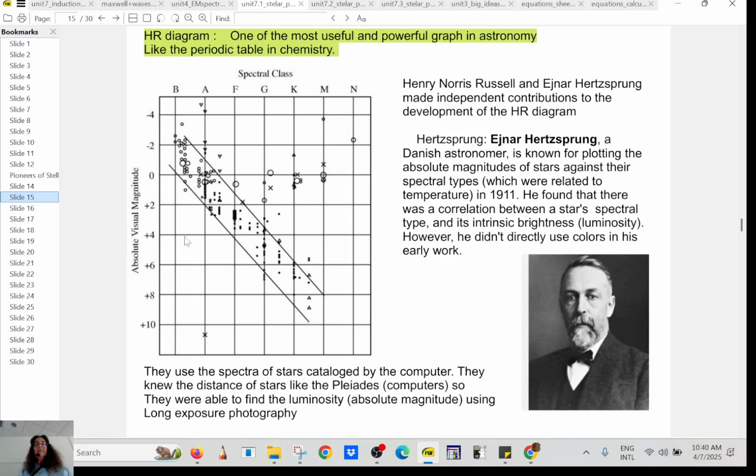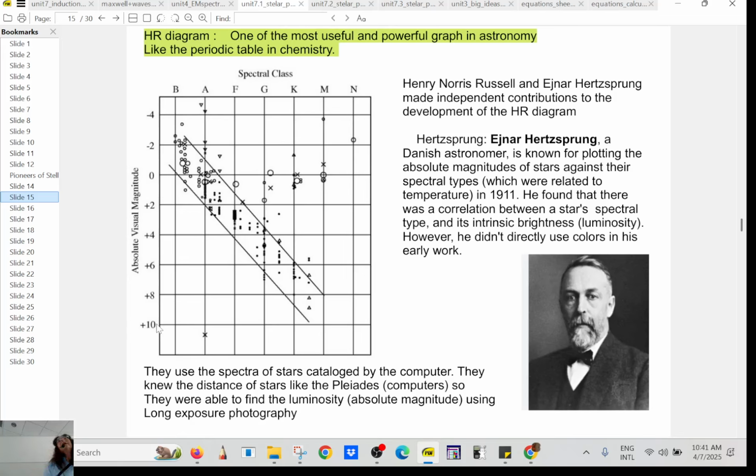And when they are dead, a sun-like star will become a white dwarf and end up here. Anyway, the thing you have to understand is that on the HR diagram, on the x-axis, you have the spectral class. So these are big, hot stars. Over there, you have cool, red stars. And on the y-axis, you have luminous stars.